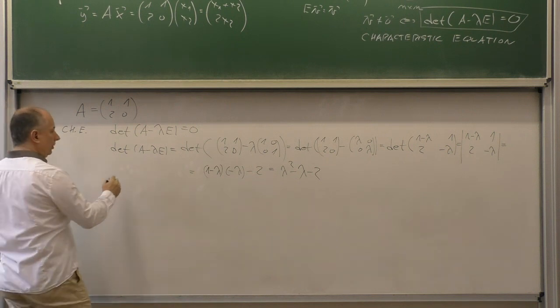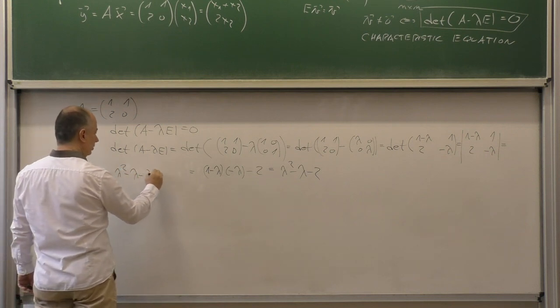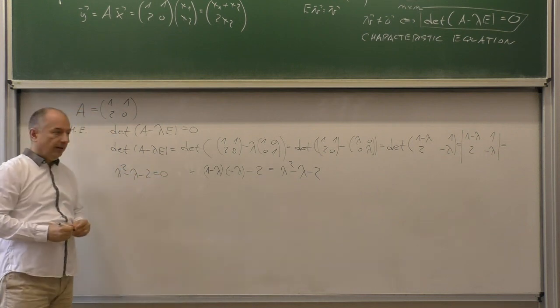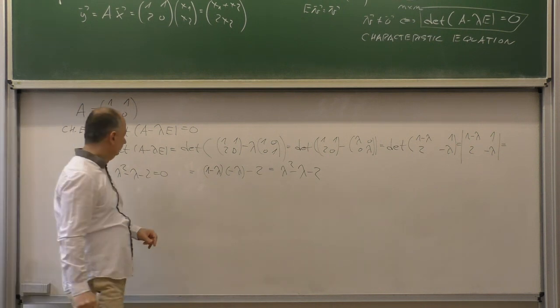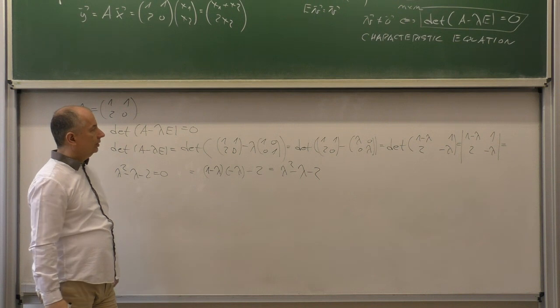So the characteristic equation is lambda square minus lambda minus 2 is 0. And this is a quadratic equation. So we expect to have two roots, two solutions.